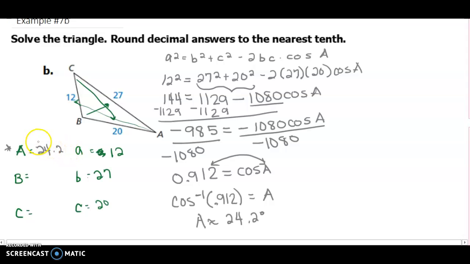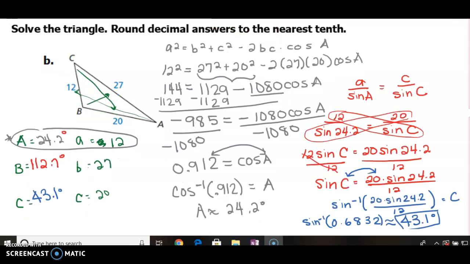Okay, so now I have my angle side pair. Okay, so I want you to go ahead and solve angle B and angle C on your own now. All right, so I did a over sine of A equals c over sine of C. Typically, you want to do the smaller angles first, the acute angles first.